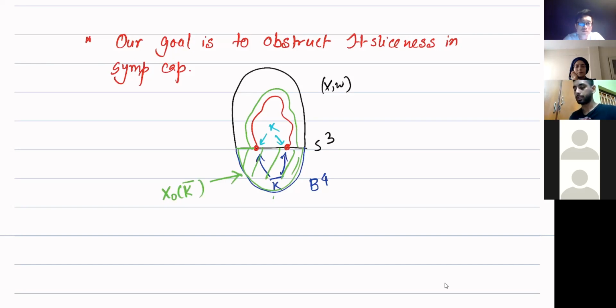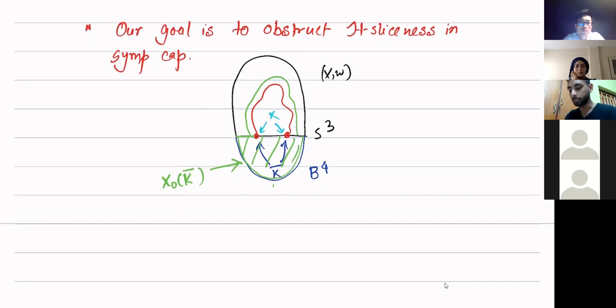So obstructing H-sliceness in X omega is equivalent to obstructing the embedding of X naught K bar inside the closed manifold X. Okay, so let me spell it out.